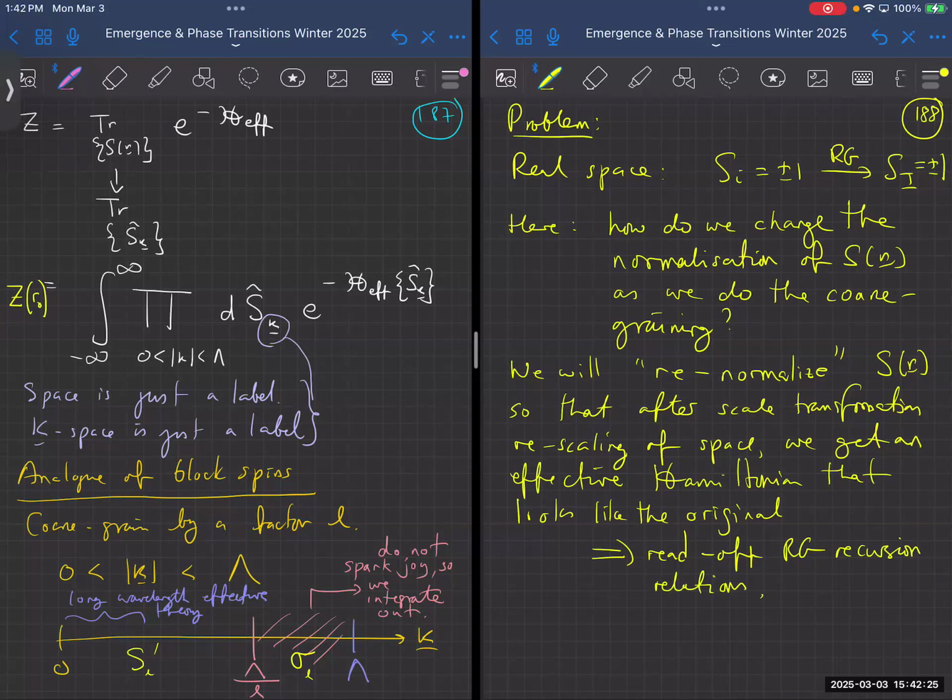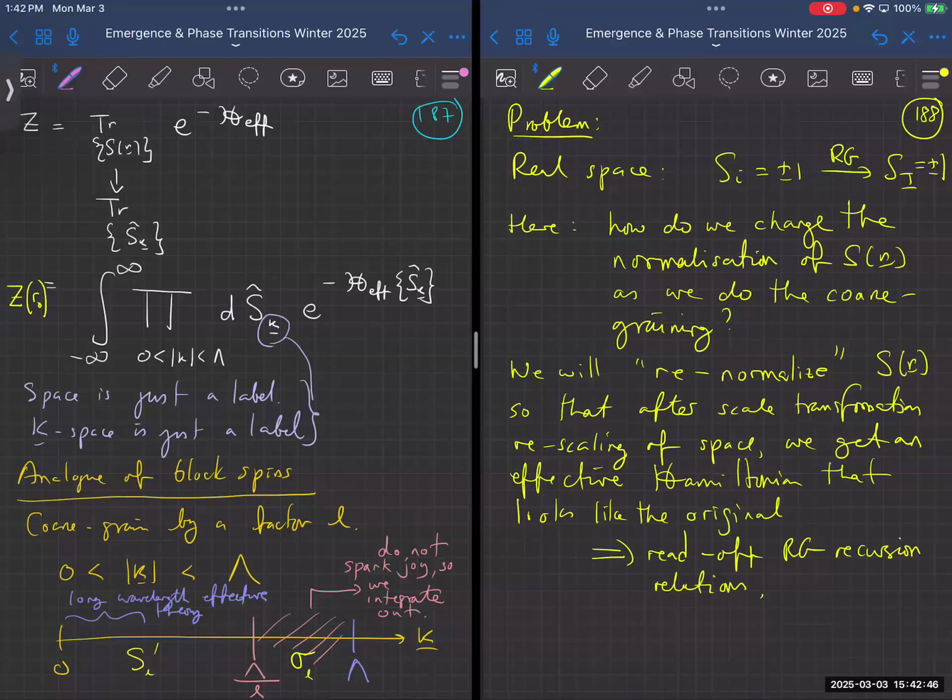Now, you probably already realize, when we did this in real space, here's what we did. We started off with a lattice, we grouped the spins into blocks, we worked out what is the Hamiltonian of the block spins. Then we rescaled the lattice back so that now we looked at the block spins, and that lattice is just our original lattice. So we're going to be doing this here.